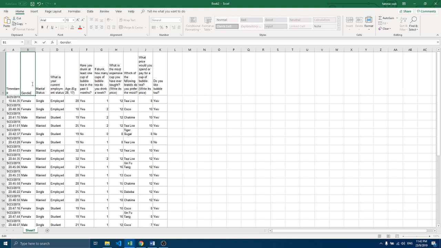It's up to you, because this is your own data, as long as you understand which category the name is for. So marital status, M status, and then age, I just delete the example, and price, would you spend for a cup of bubble tea? This one, price per cup.